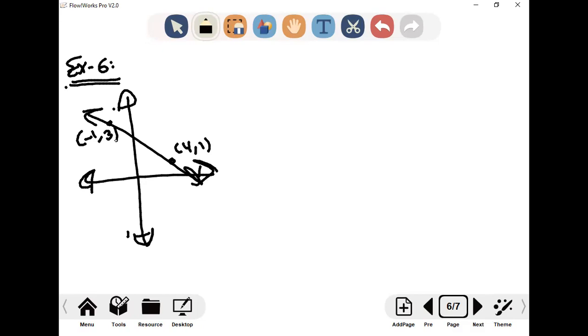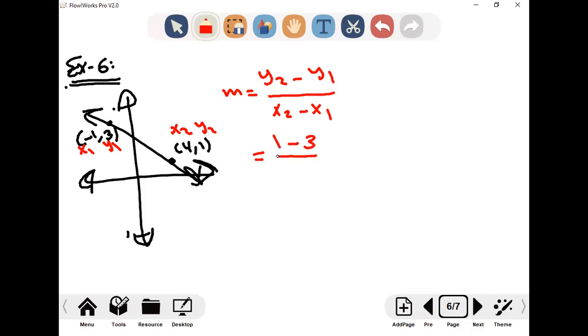Name them and find the slope only. Just put names: x1, y1, x2, y2. Apply the formula for the slope. m equals y2 minus y1 over x2 minus x1, equals 1 minus 3 over 4 minus negative 1, so it's negative 2 over 5.